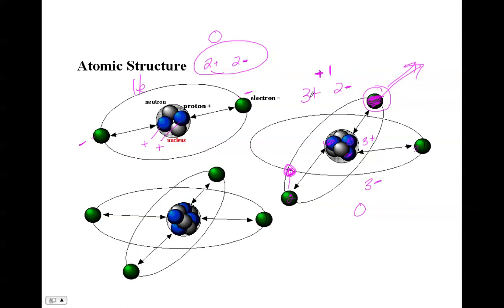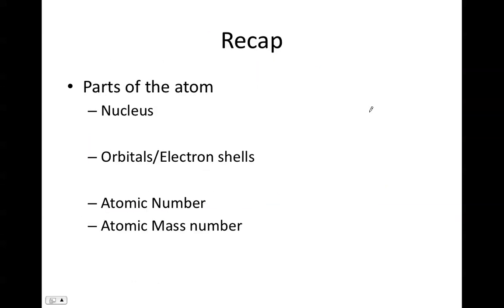And that's what we call an ion. So when you lose electrons, the atom becomes more positive. Now, if that's losing an electron, some other atom is gaining electrons, so that other atom is going to become more negative. If you have more electrons than protons, you have an overall negative charge.